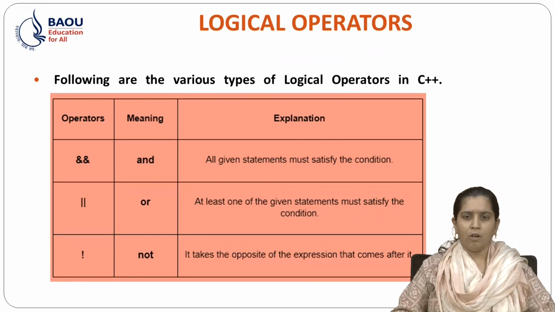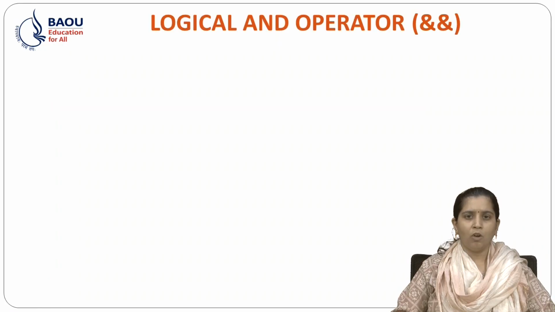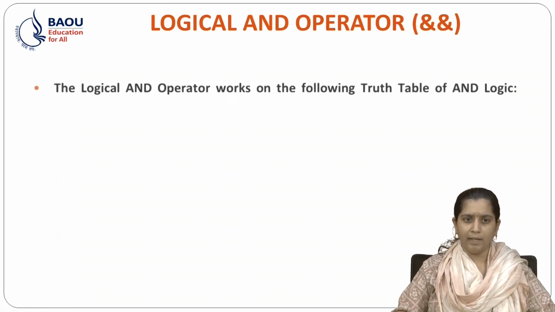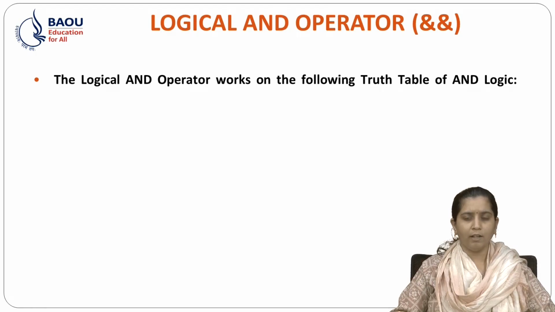Logical NOT operator. Logical NOT operator is a unary operator, that is, it requires only one operand to work upon. So, let us see the logical AND operator in detail. We have over here a truth table of AND logic.